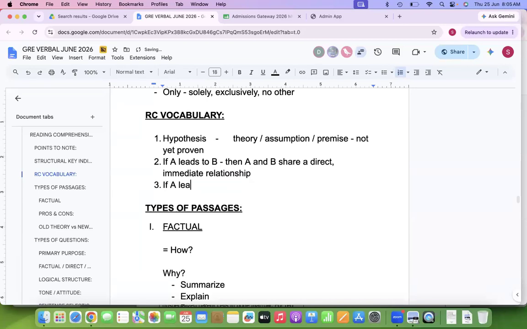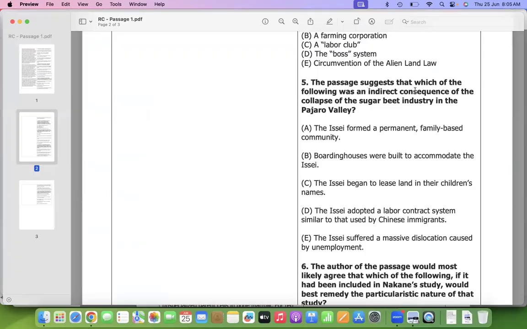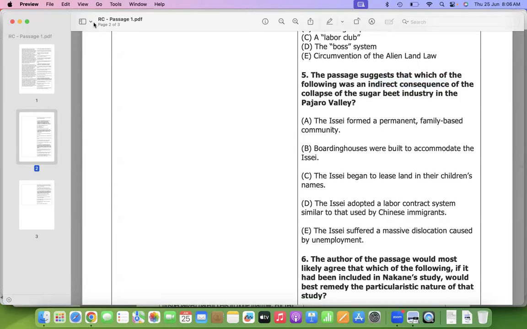If A leads to B and B leads to C, then A and C share an indirect relationship. I hope this is making sense. The question is indirect consequence. But it has to be correlated. It can't simply be a sequence of events. There has to be some correlation. Try question 5.